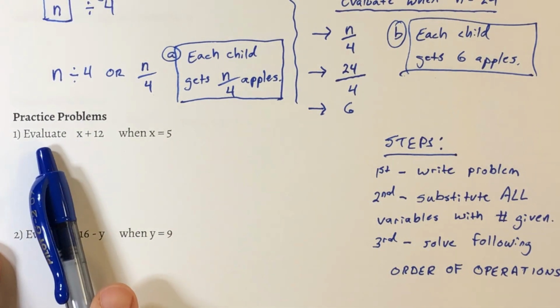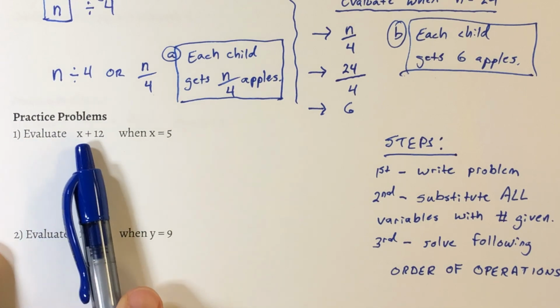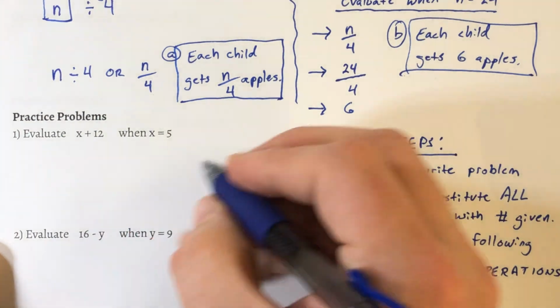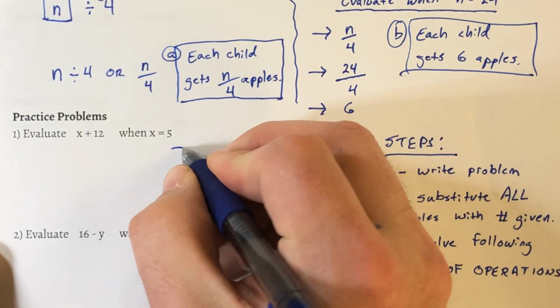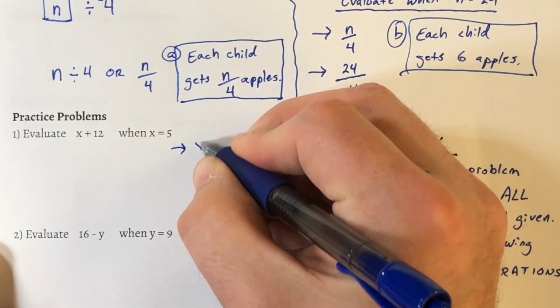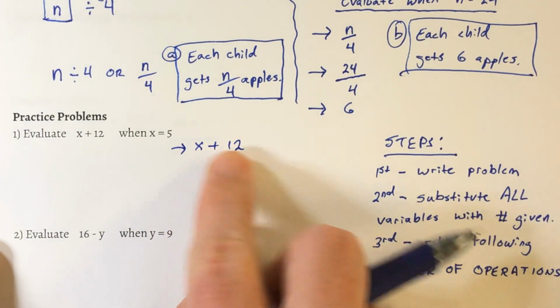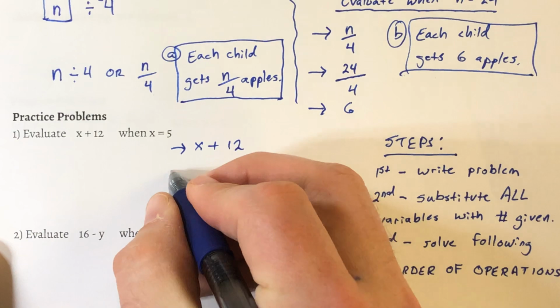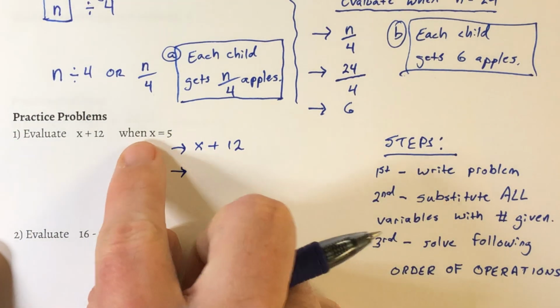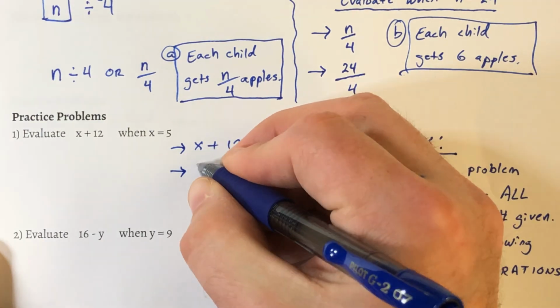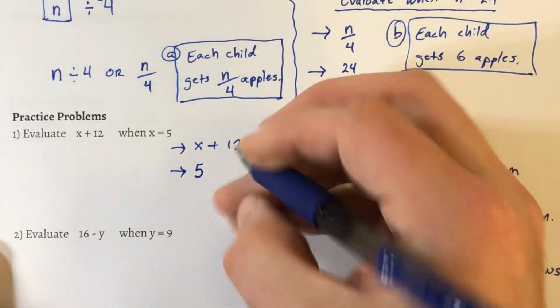All right, first problem. We're going to evaluate x plus 12 when x equals 5. So first step, you write your problem, which is x plus 12. So we're basically going to take something and add 12 to it. Second step, replace your variable or variables with the number given. So x is 5. So anytime you see an x, replace it with a 5.